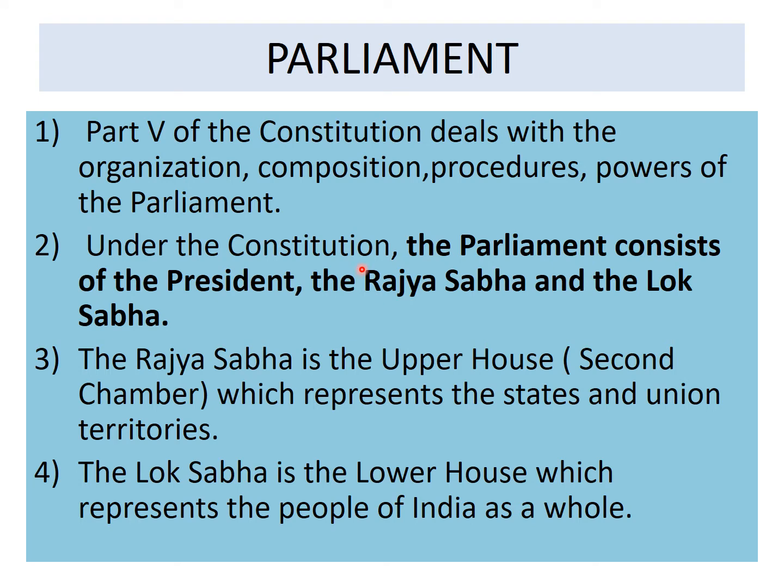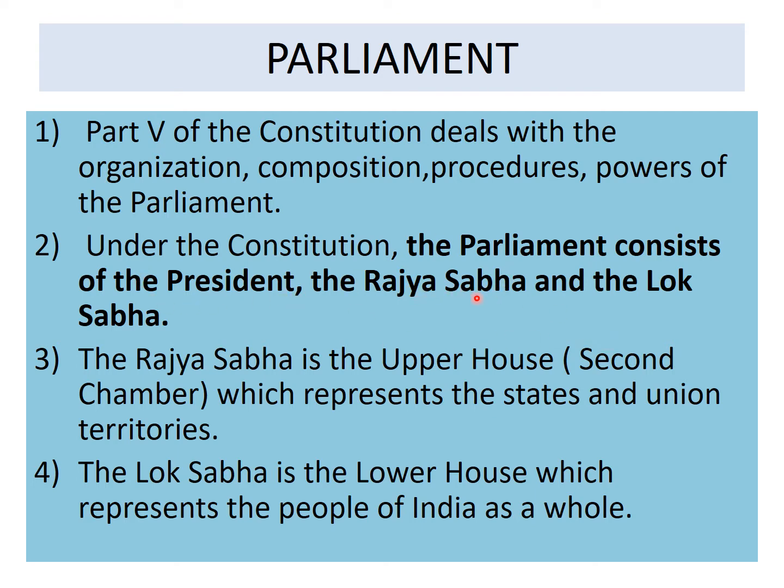So under the constitution, when I say union parliament or union legislature or Indian parliament, it does not only mean Rajya Sabha and Lok Sabha, it also includes the president. So if someone is inquiring about the Union Parliament, you cannot include only the Rajya Sabha and Lok Sabha. You have to include the President. Why?